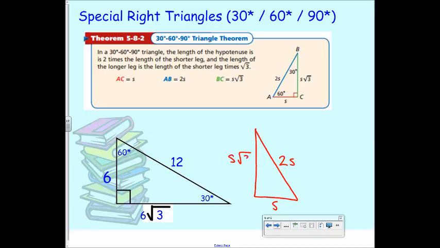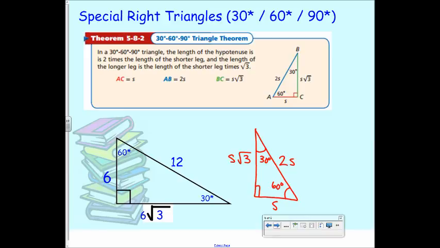All right, so the short side is s, the hypotenuse is s times 2, or just 2s, and then the longer leg is s root 3. And you know that it's the longer leg because it's across from which angle? The 60-degree angle. Because 60 is bigger, so that one has to be bigger.